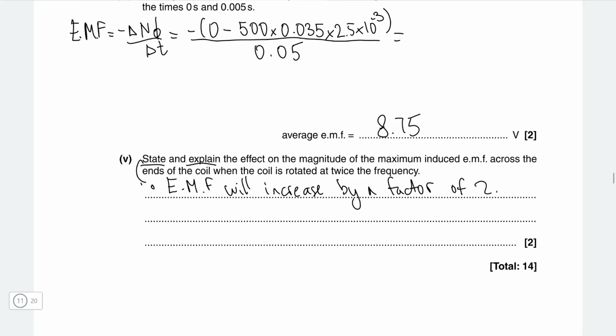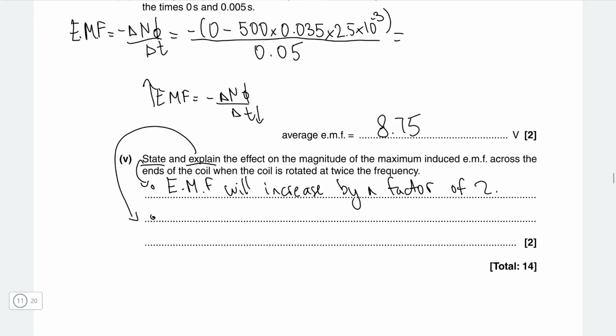So we've done the state part. Now let's explain this. How can we explain this? Well, remember, just as an aside over here, I'm going to write that EMF is equal to minus delta N phi over delta t. So if you're increasing the frequency, you're actually decreasing the time period. And if the time period goes down, the rate of change increases, meaning that the induced EMF will increase by that factor.